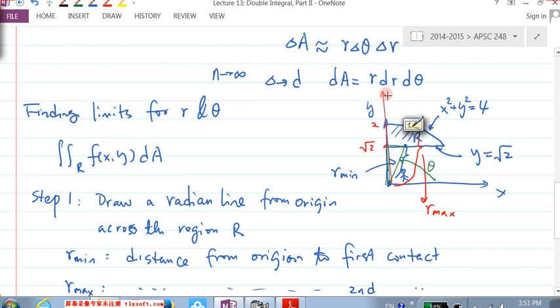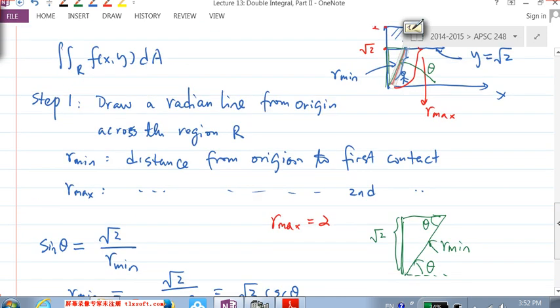So there will be two theta values associated with the two bounding locations. That make sense? The theta value corresponding to this one is theta minimum, and the theta value corresponding to this one is theta maximum. Okay? So this is the next step you do.